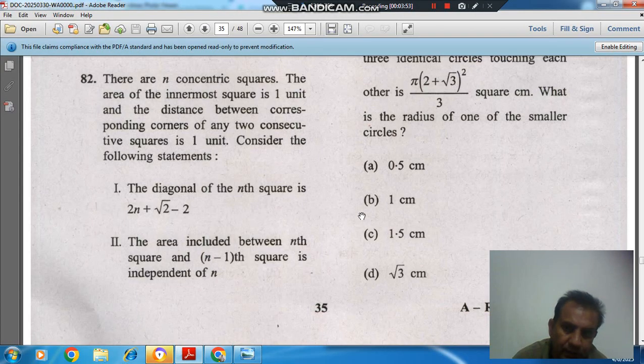So the answer is option B, 1 centimeter. So R1, the radius of the smaller circle, will be 1 centimeter.